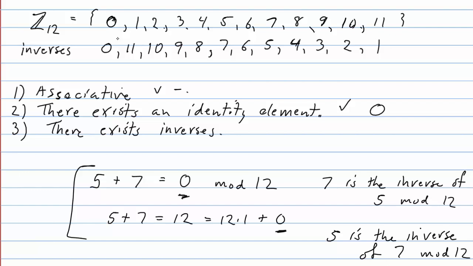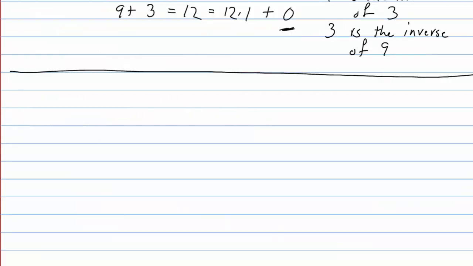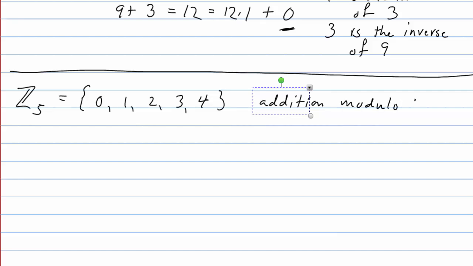I would have had a larger set of elements or a smaller set of elements possibly, but it would have been the same idea. Just as a quick example, let's think about Z5. This is the set of integers modulo 5. So the set of elements would be 0, 1, 2, 3, 4. And the operation we would want to consider is addition modulo 5. So how would that work?